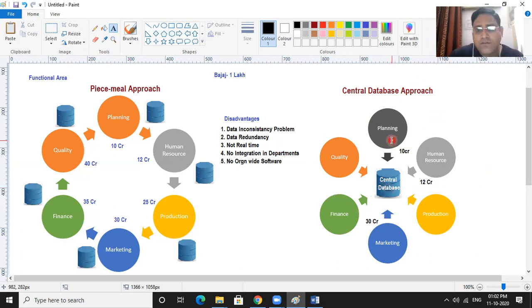So whenever any department updates anything, the same information will be disseminated to each and every department. Let us suppose the marketing department has updated it to 30 crore.